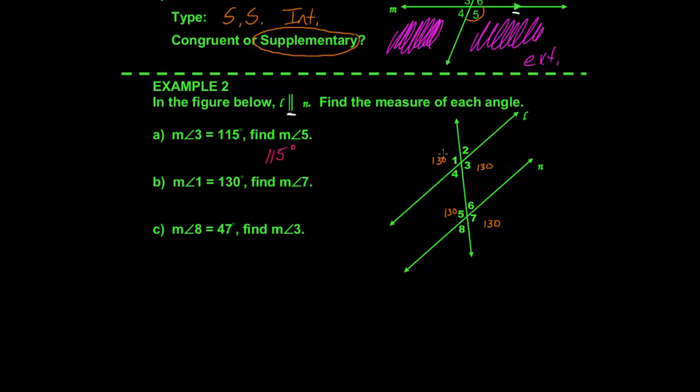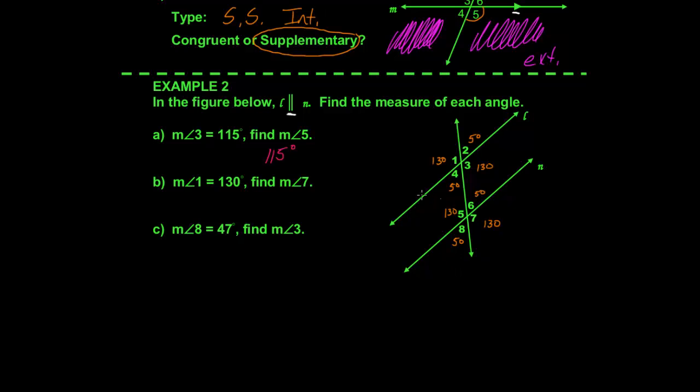These two are supplements. They're a linear pair. If they have to add up to 180, 2 must be 50. That means 4 must be 50. 6 is also going to be 50. And 8 is going to be 50.